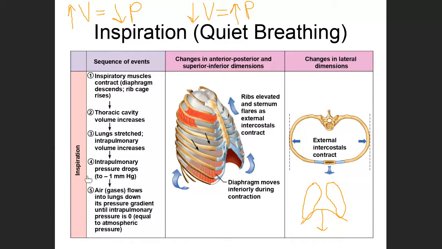When you do, we've got enough of a pressure gradient that air moves from the higher pressure area outside the body to the lower pressure area inside your lungs. As air builds up in the lungs, the pressure comes back up until it hits 760, and we're at a 0 intrapulmonary pressure, and that's when your inhalation stops.